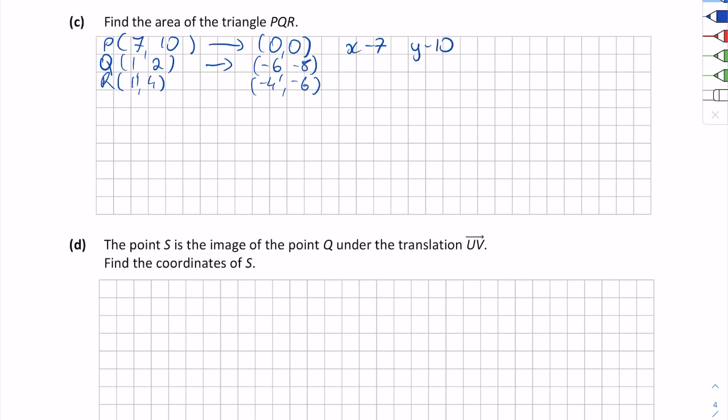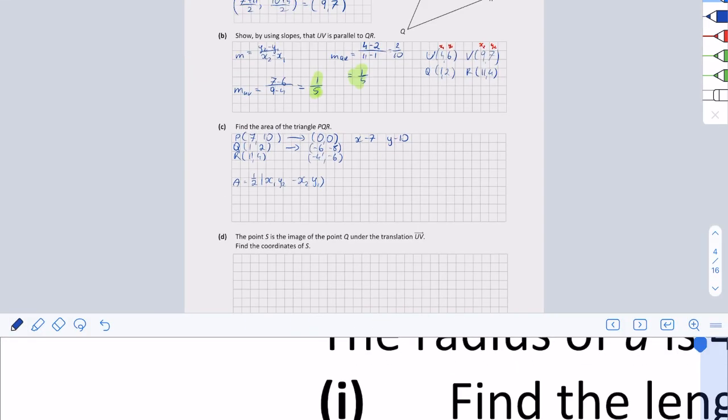So now we can use the area of the triangle formula. Area is equal to half absolute value of x1 y2 minus x2 y1.